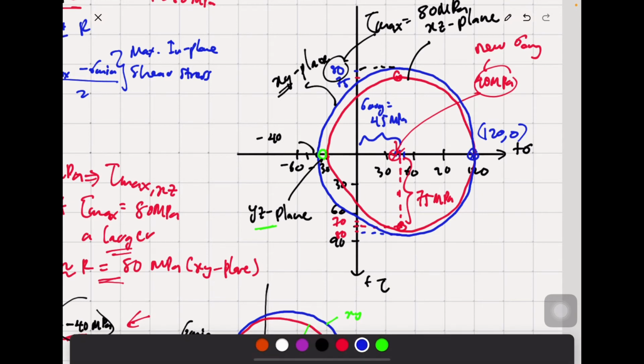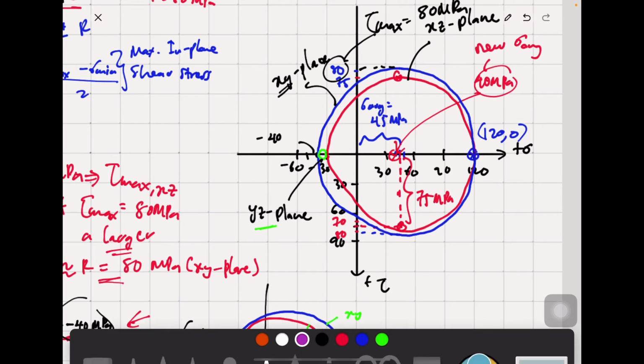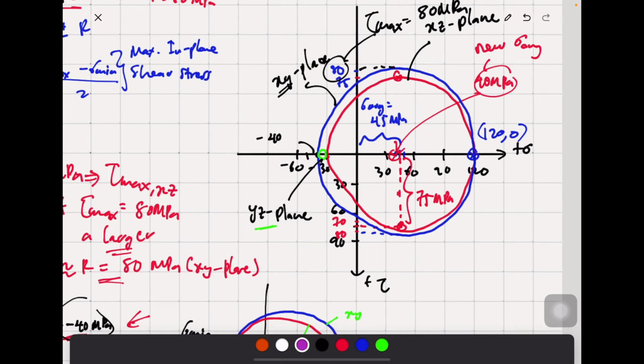I think it is also useful to point out, we recap this in the previous example, the properties of our Mohr circle. So in the beginning we have our sigma average is 45. So out of this we can create simply the location of our Mohr circle is located at.